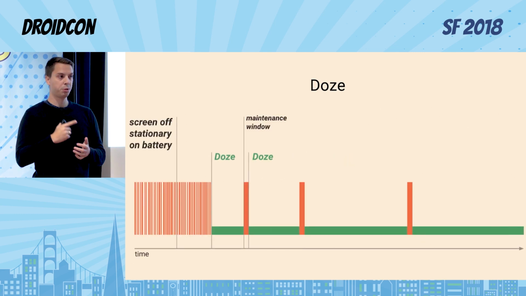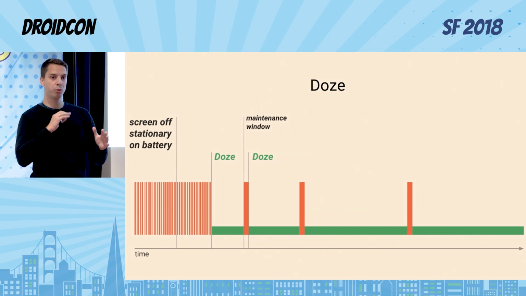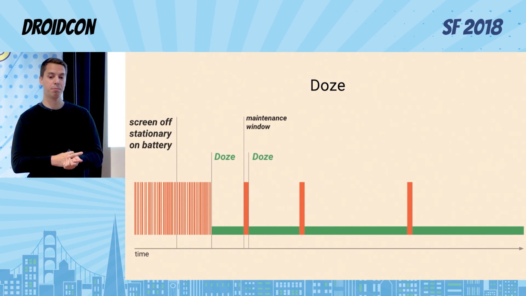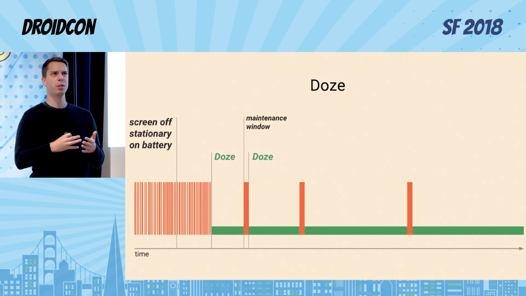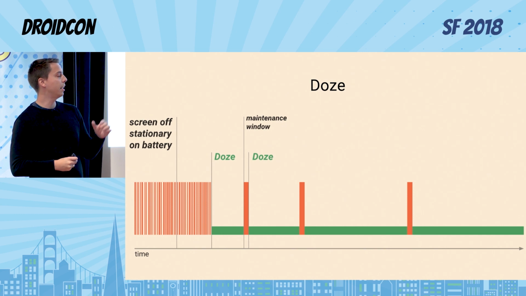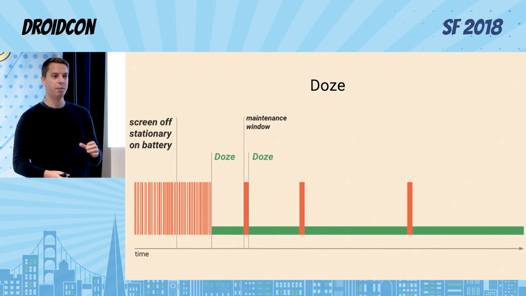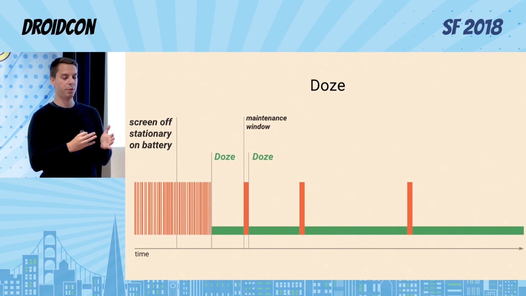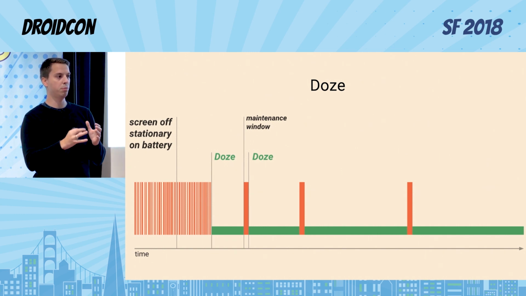One year later, Marshmallow was released, and Marshmallow came with a lot of improvements, and two of them were two new power-saving modes, one called Doze and the other App Standby. And as a developer, you don't need to understand them in depth, as long as you have this graph in mind. It basically says, hey, device is currently active, and after a while it's not being used anymore, it goes into this Doze mode, where no application is allowed to run, and there it really can save a lot of battery.